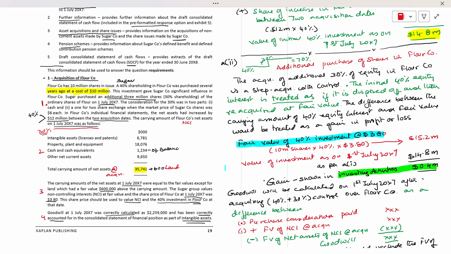Licenses and patents. How much is there? 6,781. It is there? Yes. Okay.